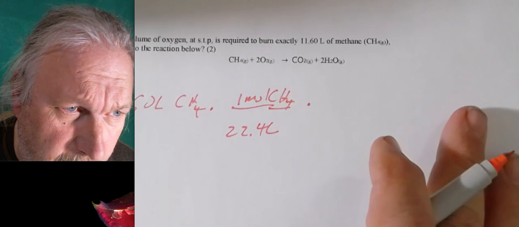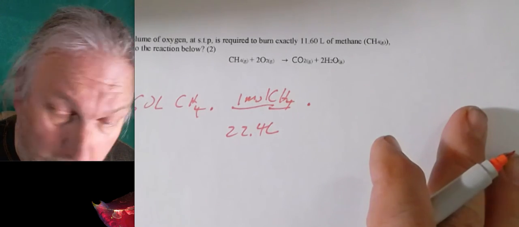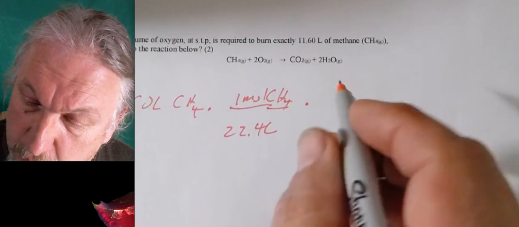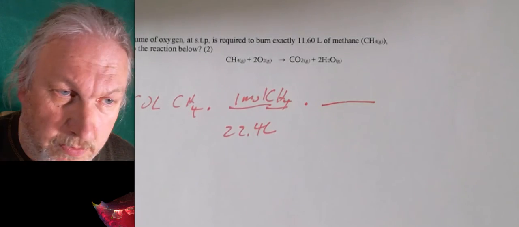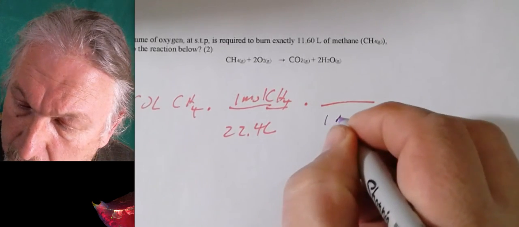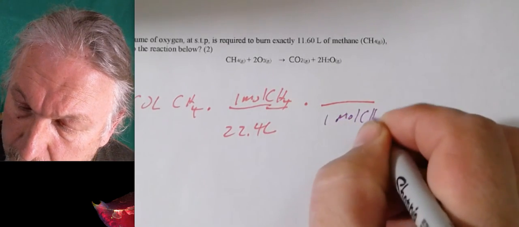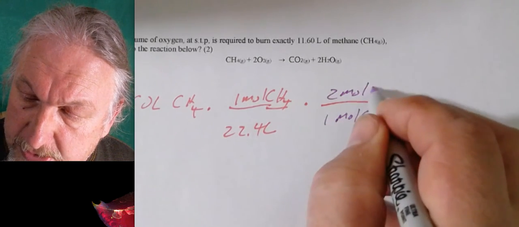I've got 1 carbon, 1 carbon. I've got 4 hydrogens, 4 hydrogens. Then I've got 4 oxygens on both sides. So we're balanced. Let's go to our magical molar ratio. For every mole of methane, I'm going to consume 2 moles of oxygen.